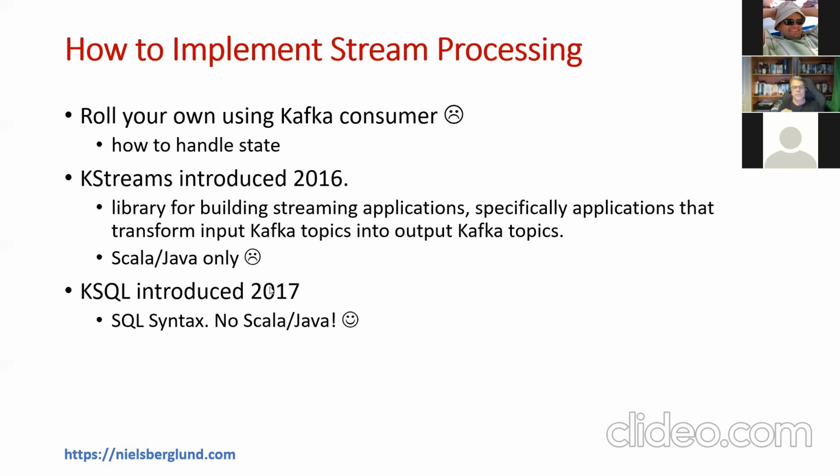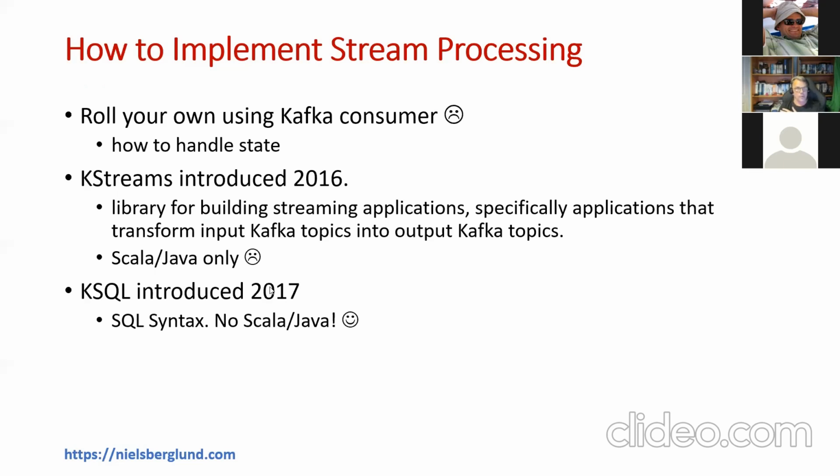In between, we do cool, stateful stuff. The problem with K-streams is that this is Scala and Java only. So if we don't like Scala or Java, then we are kind of out of luck.